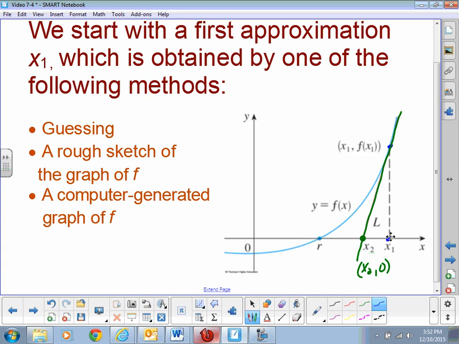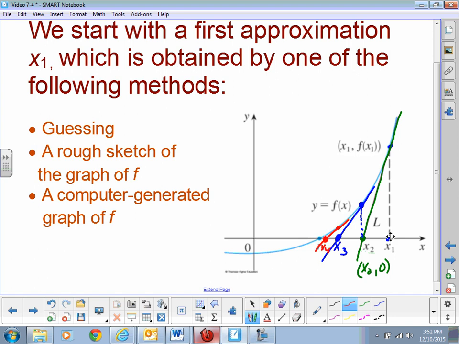Then we'll just repeat it. We'll go up to our graph, find the point. We'll now do our tangent line again. That'll give us another x-intercept. That point will become x3. We then go up to our graph, do another tangent line. That'll give us another x-intercept.